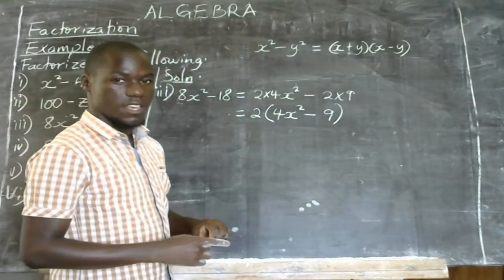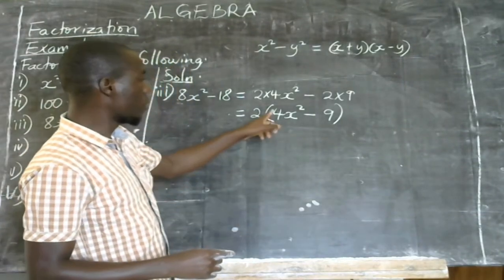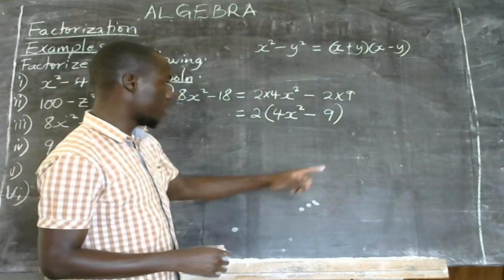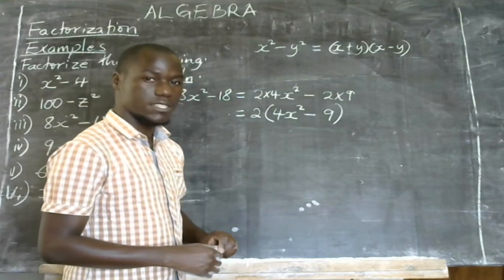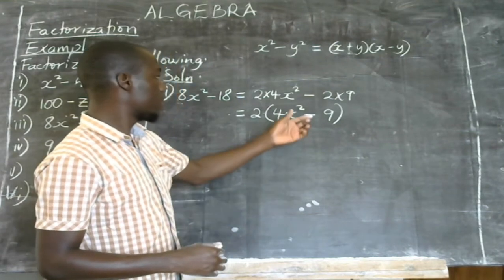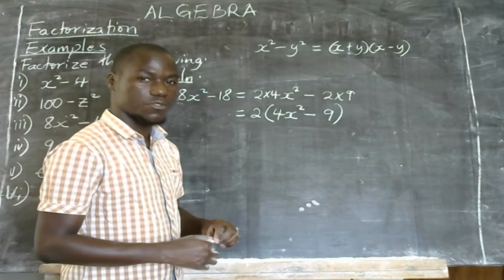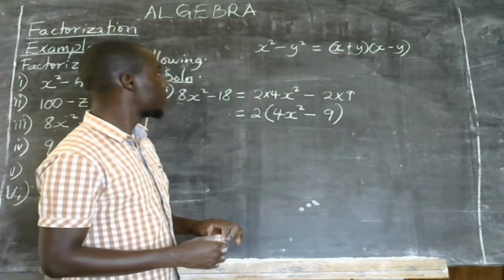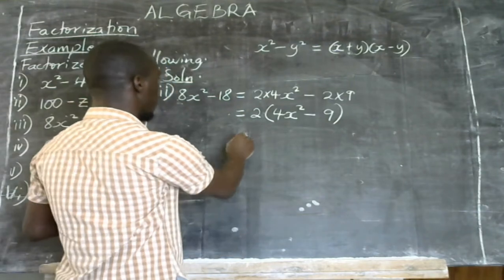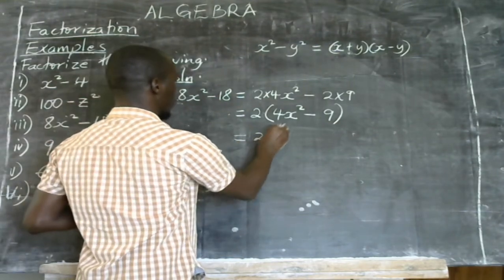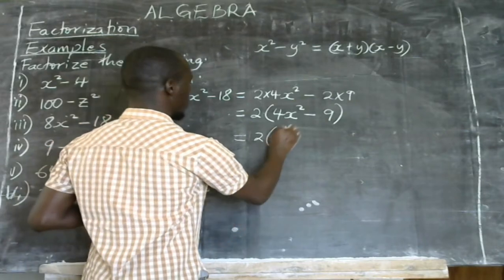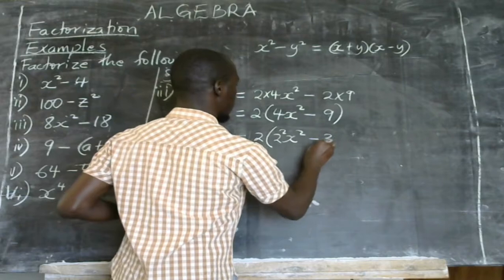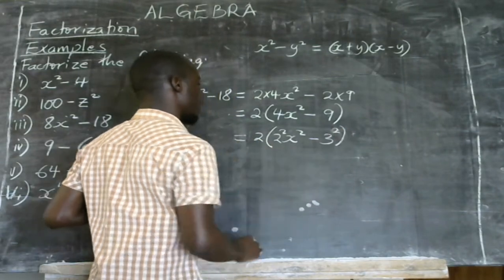It does not stop there, because now when you look at a 4, you can write it in index form, and also the 9 you can write it in index form. Then they take us back to a difference of 2 squares. Then you write the other part of that equation. So the 4 is the same as 2 squared times x squared, then minus 9 is the same as 3 squared.